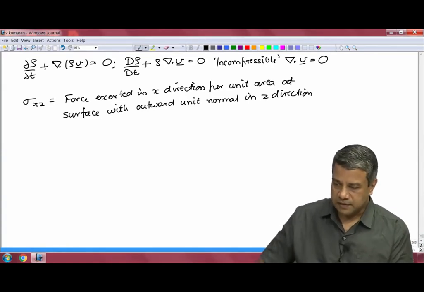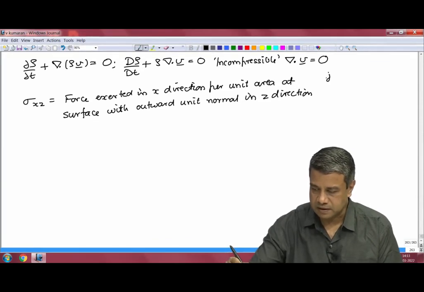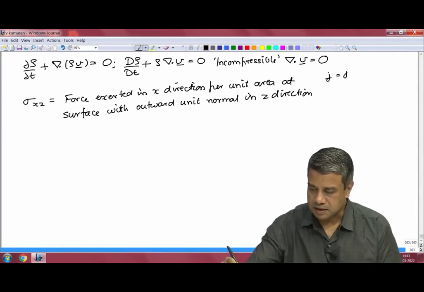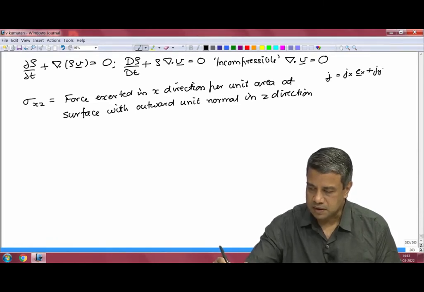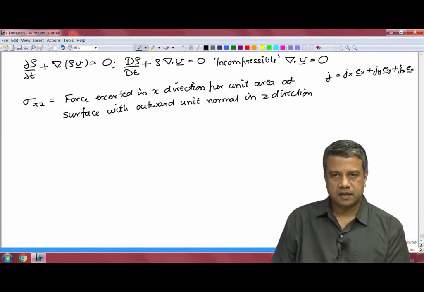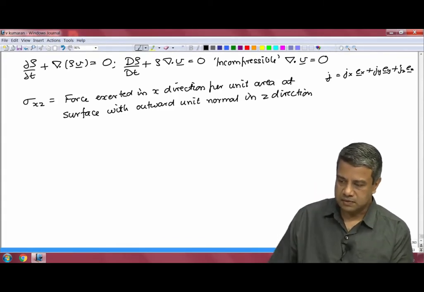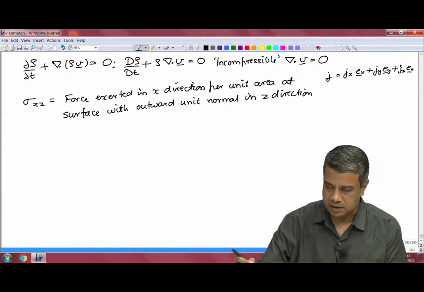Similar to what we had defined earlier for the flux, we had defined the flux vector as jx ex plus jy ey plus jz ez. Because that was a vector, it had only one direction associated with it, the direction of transport. jx ex, jy ey and jz ez were all in the directions of transport.